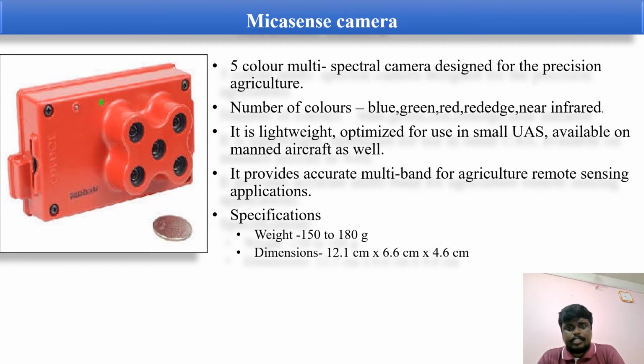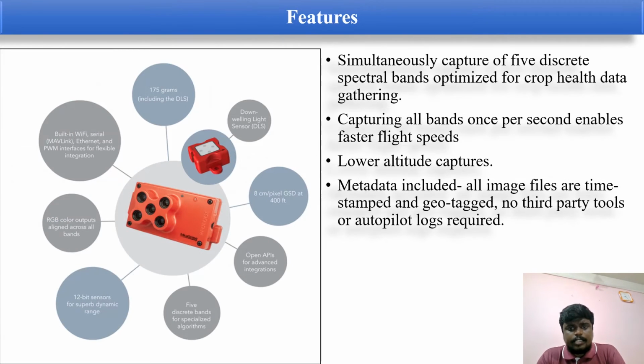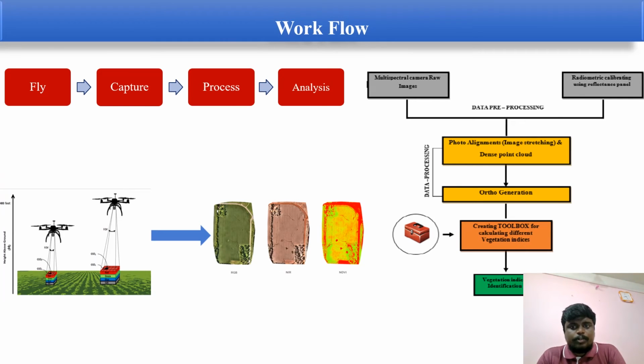The weight of the camera is 180 gram. It is controlled by a Wi-Fi network, and it has an inbuilt GPS to give geotagging of each image.